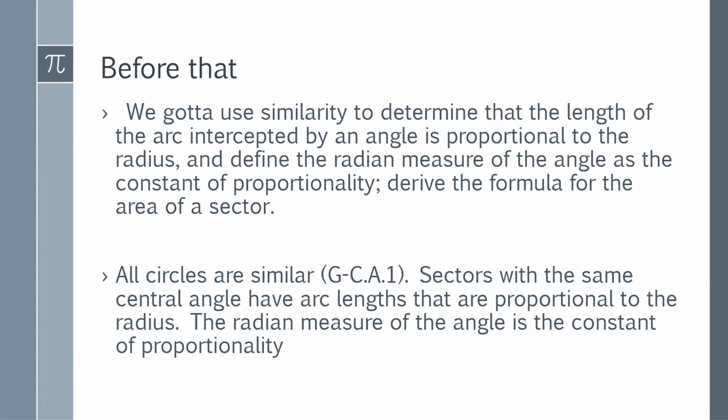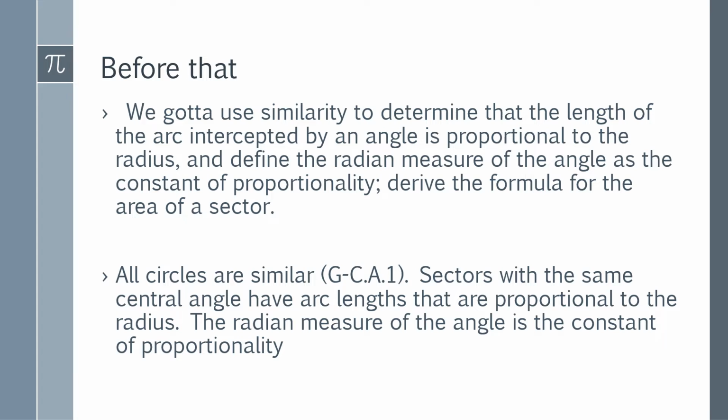But before we do that, we gotta touch up on some geometry. We gotta use similarity to determine that the length of an arc intersected by an angle is proportional to the radius, and define the radian measure of an angle as the constant of proportionality. And you have to derive this formula of an area of a sector.